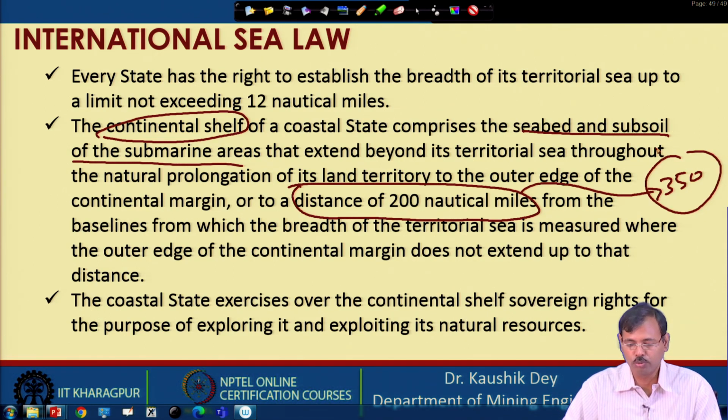There are rules for that, but we are not going into the details. That means we have the scope to carry out excavation of seabed deposits up to a certain depth, and those are easily exploitable.